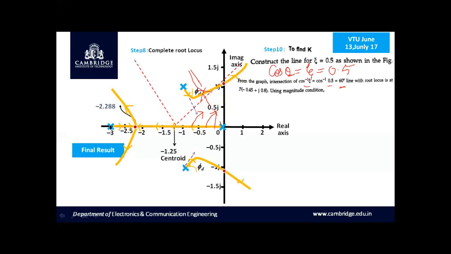We know the procedure to apply the magnitude condition. If you are not familiar, you can go through the introduction of root locus video from the playlist control systems, and you will get a clear idea about the procedure to apply the magnitude condition and to find the value of k.